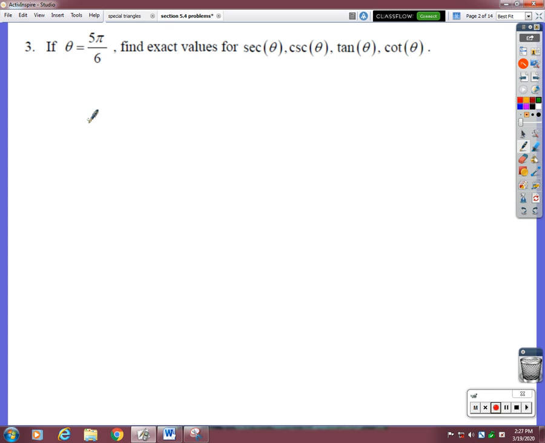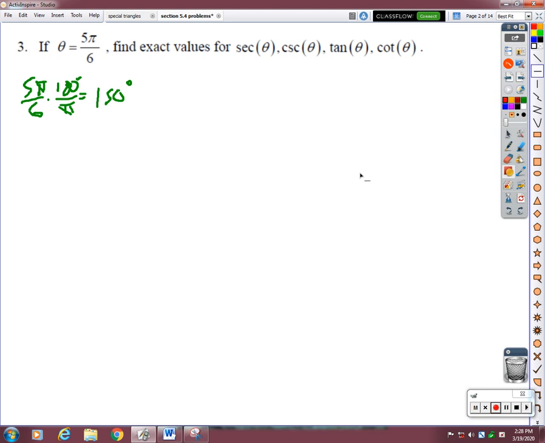All right, now let's play the same game with 5 pi over 6. First step, change it into degrees. Pi's cancel. 180 divided by 6 is 30. 30 times 5 is 150.